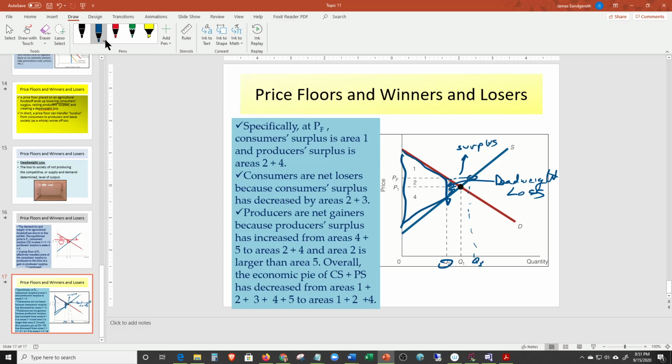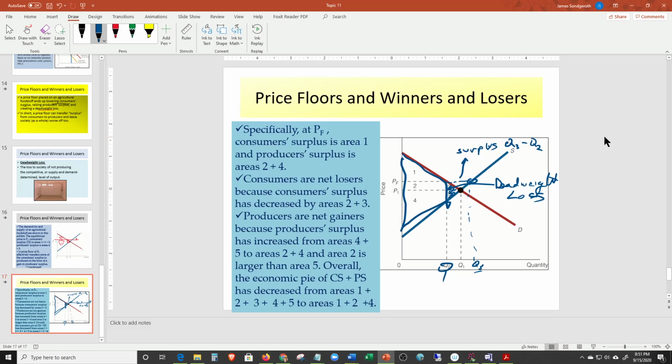Buyers would only buy Q2. So what happened to the surplus of Q3 minus Q2? Where did it go? That's an interesting question.